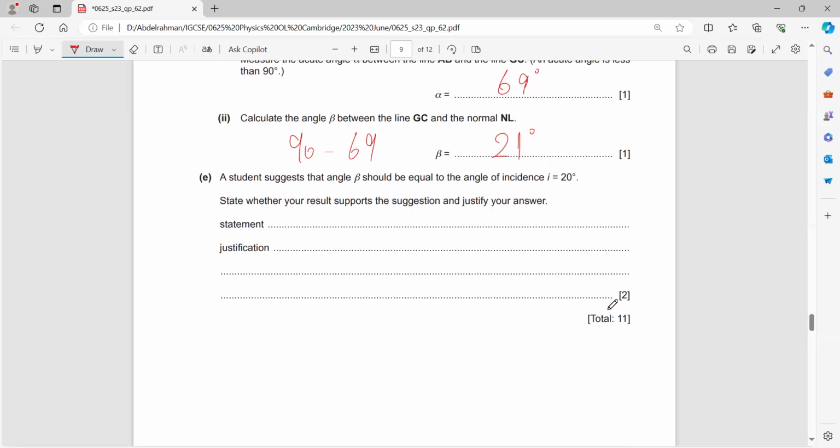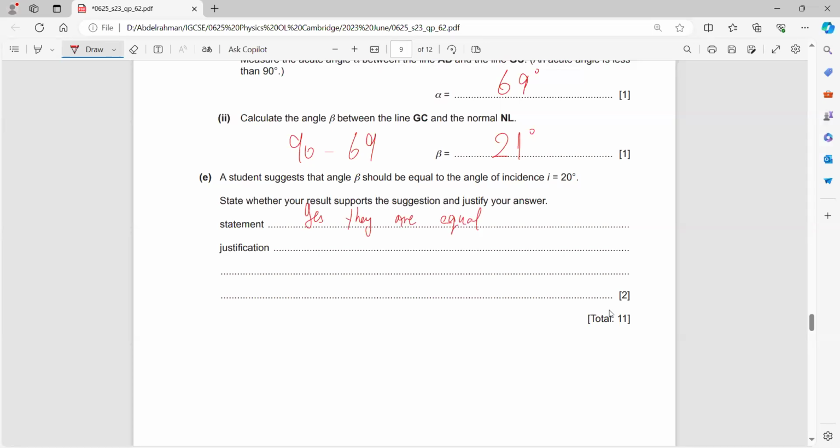A student suggests that the angle beta should be equal to the angle of incidence, i equals 20. State whether this supports this suggestion or not. Does it support it or not? Yes, they are equal. Why? Within limits of accuracy.